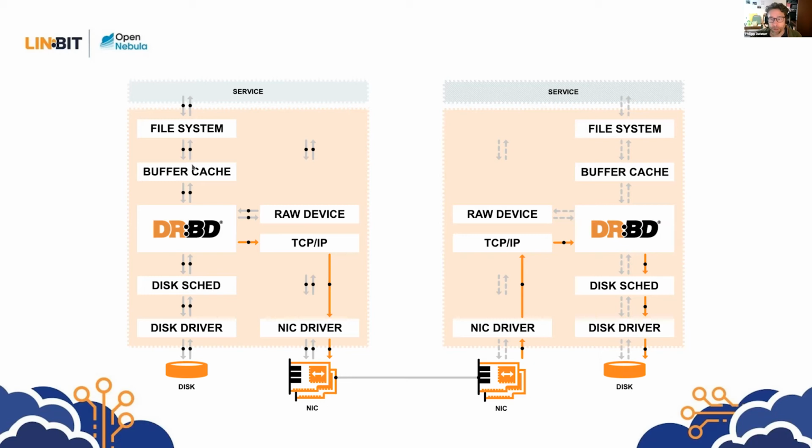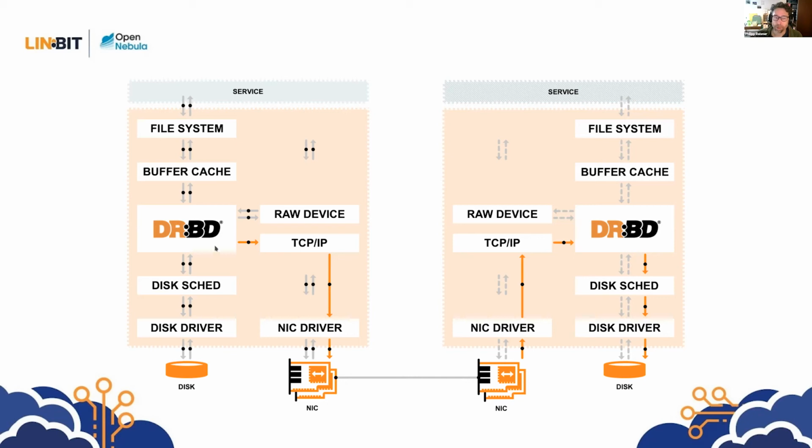And let's look at the rest of the stack. So here comes this DRBD virtual block device driver. What it does is for write requests that come in, it duplicates them. It sends them down the local stack to the local SSD or hard disk, and it sends it over the network all the way to the storage device on another node.